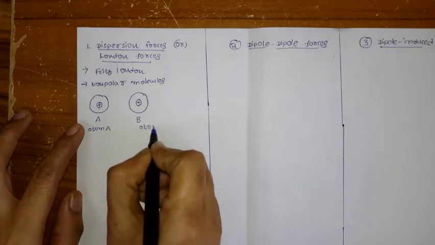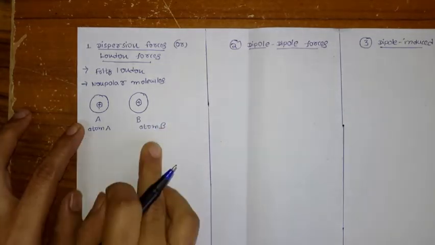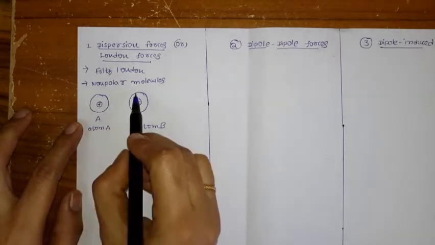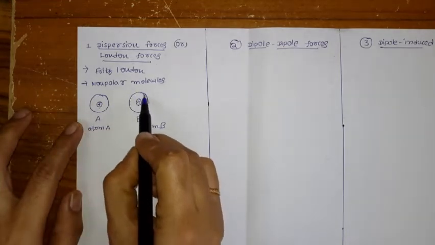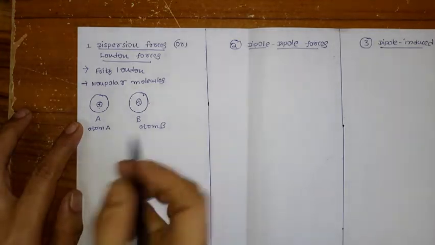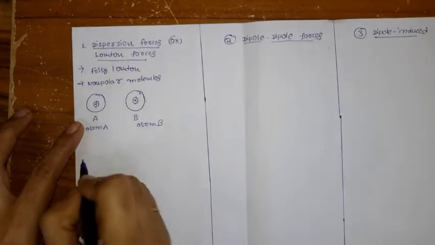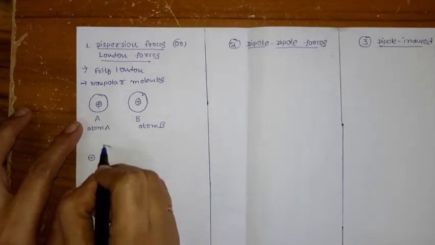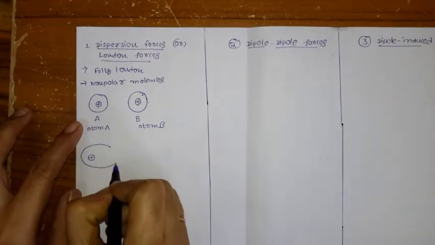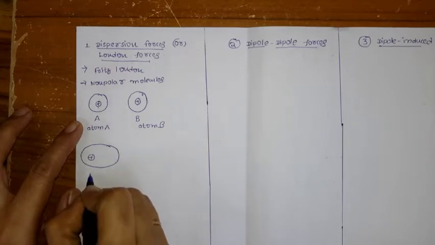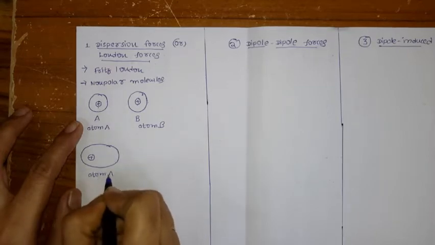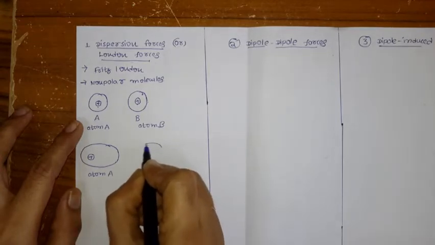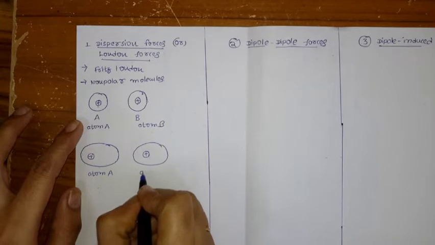In this case, we can observe the symmetrical distribution of electric charge or electron cloud. In the second case, I am drawing another same atom, but there is a disturbance in the electron cloud. This is atom A, and this one is atom B.